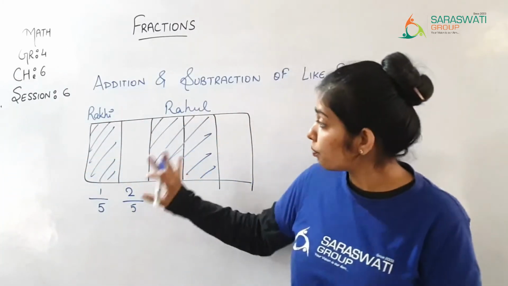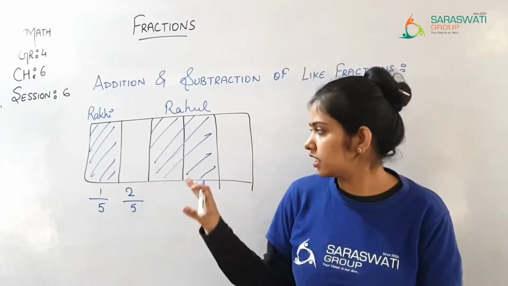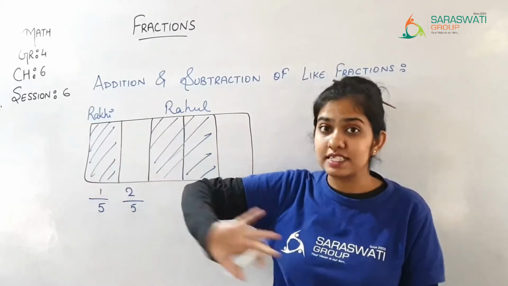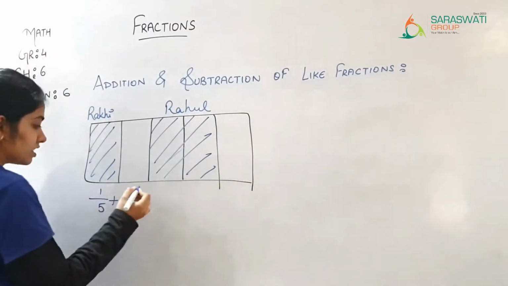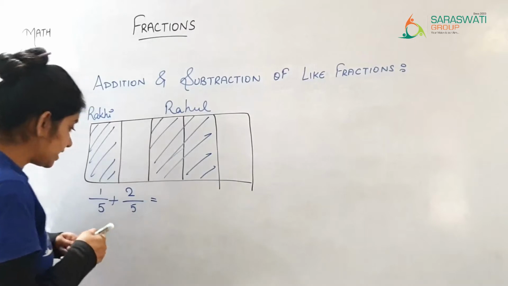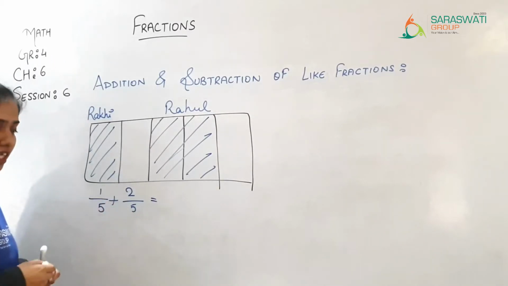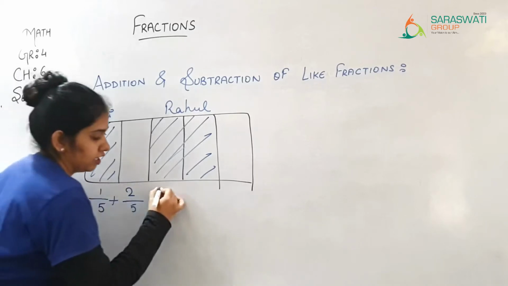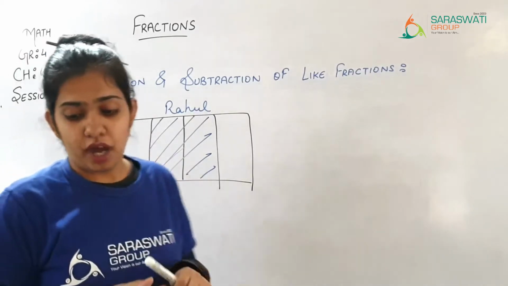Now, what part of the project have they completed all together? ये दोनों ने मिलके साथ में total कितना part complete किया? So as we have the same denominator, we are going to add these numbers only. So 2 plus 1, 3. So 3/5 part.